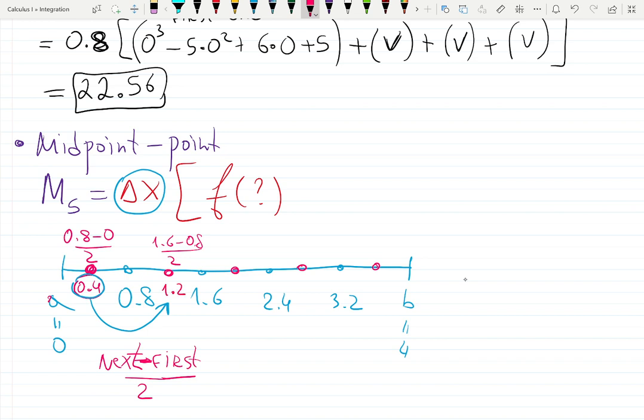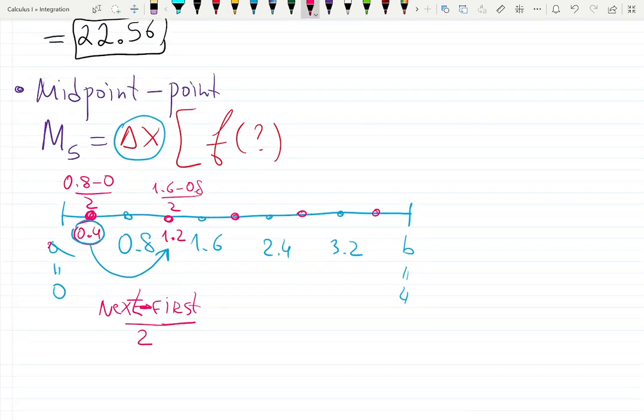Let's check. 1.6 minus 0.8 is 0.8, divided by 2 is 0.4. Does it work? Oh, it gives you this point. That's why you need to add. I see. Yeah, now I remember that. You need to add and divide by 2.